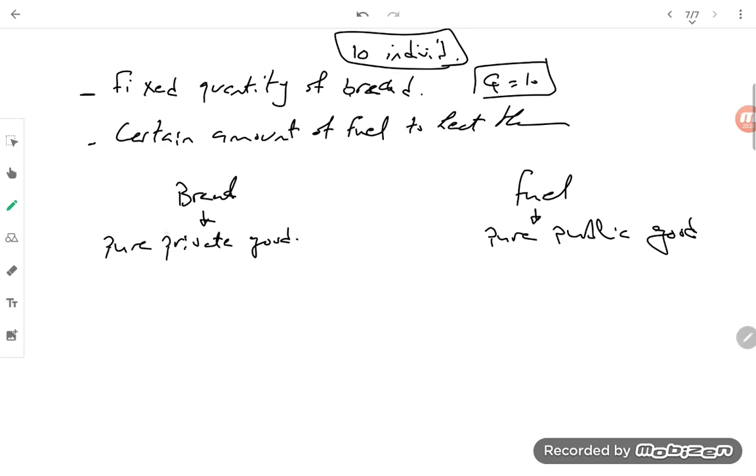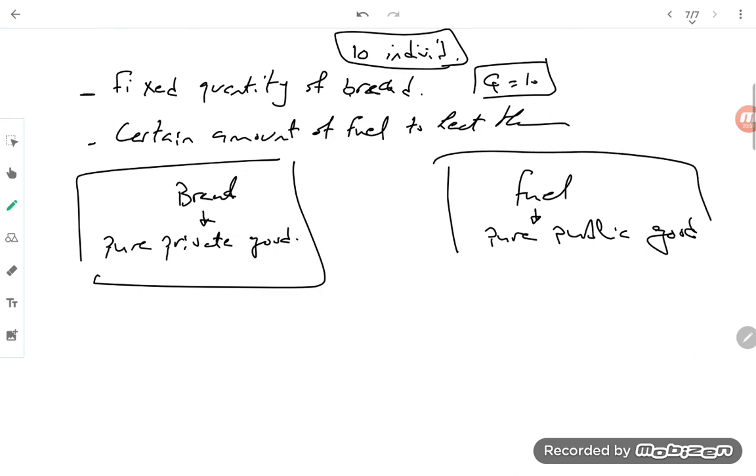Also, with respect to bread, people have to pay in order to get the bread. So bread is a pure private good, excludable and rival, while fuel is a pure public good, non-excludable and non-rival. By the way, this is in our example. It's not a general case.